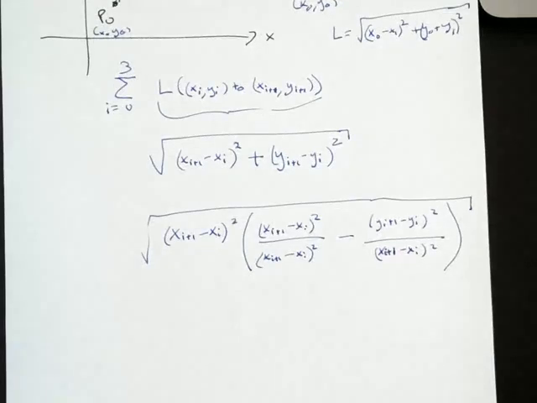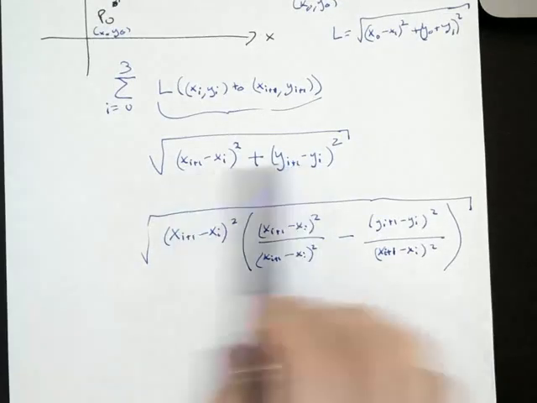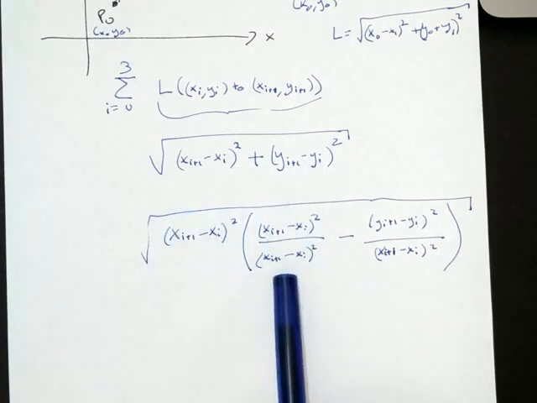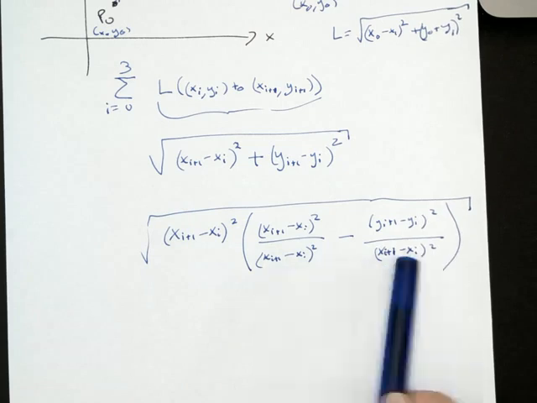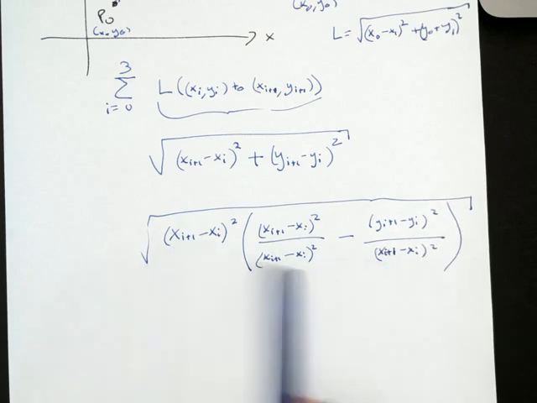Now it's kind of weird to look at here, but what I did is I divided both of these fractions by xi plus 1 minus xi squared, and then I multiplied by it out here. So these would cancel, and I really just multiplied by 1.